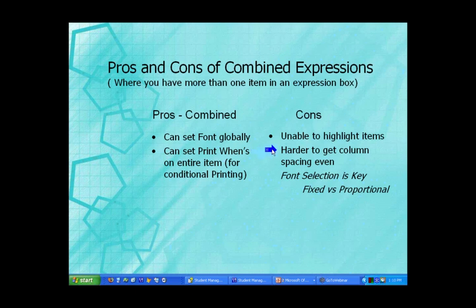One of the disadvantages of putting it all in one box is that it's harder to get column spacing even. If you're trying to do charts and tables with one expression box, you may have to use a fixed font rather than a proportional one to get your selection even.